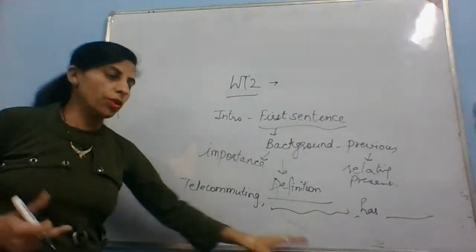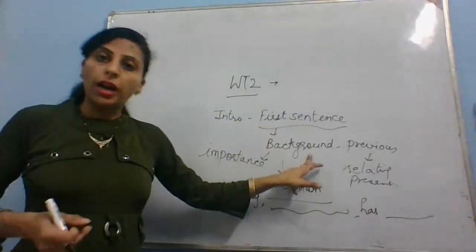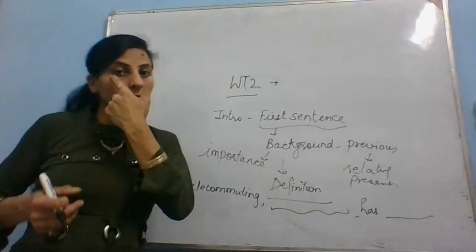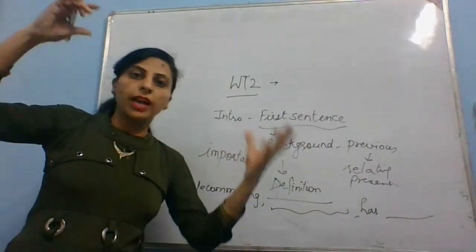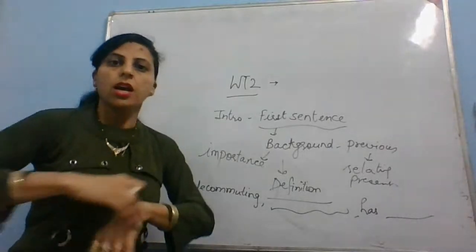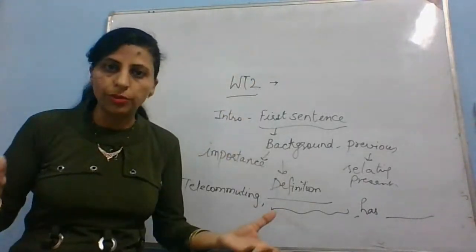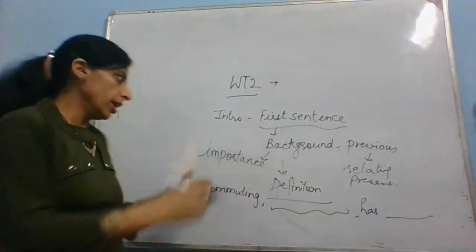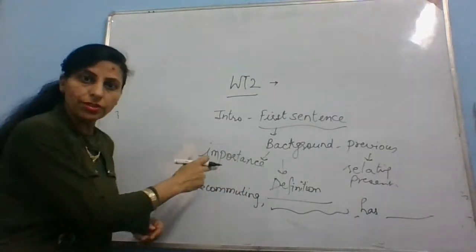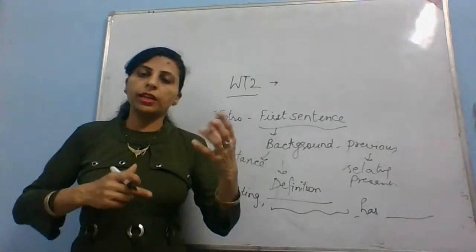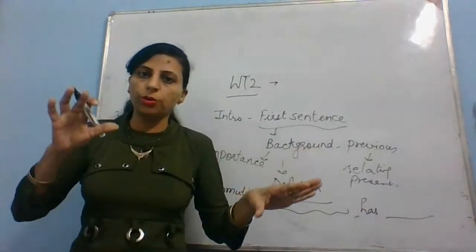Okay, so this is good. If you want to write about the background, what will you do? You will say in the bygone era it was like that and now it has changed, it has surged to something else. If you want to give the importance of something, you will say technology has revolutionized every nook and corner.